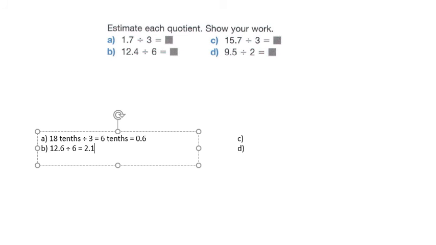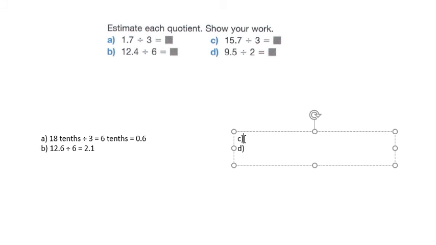So I could get a closer estimate by saying the quotient is 2.1. So that would be a pretty close estimate of 2.1. And as we go through this unit, you'll be able to get an even closer estimate for 12.4 divided by 6. We'll get there, nice and slow, but we'll get there.